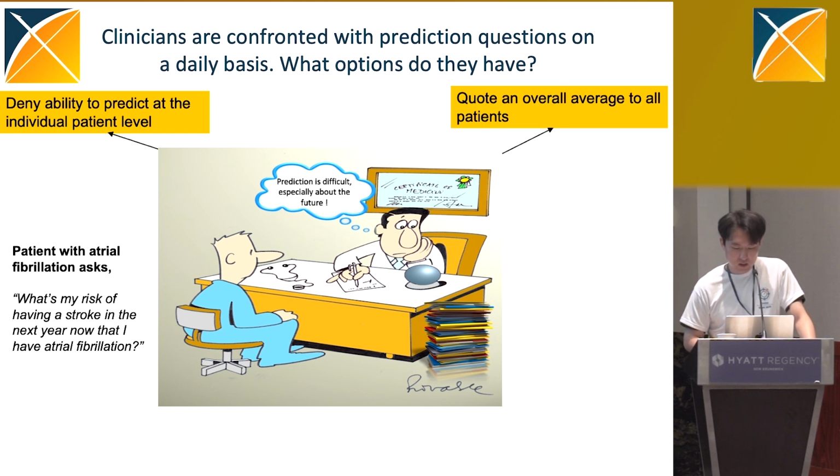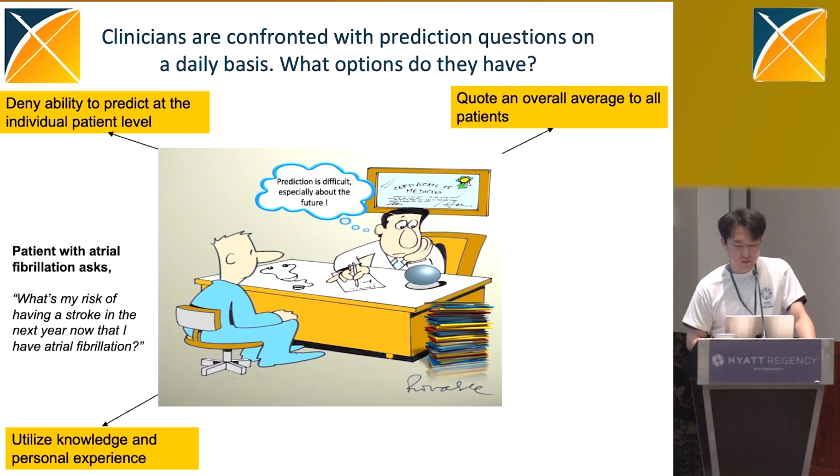The second answer is just to quote an overall average for all the patients. For example, for people your age and gender, the risk is about 15%. That's basically just summarizing data.